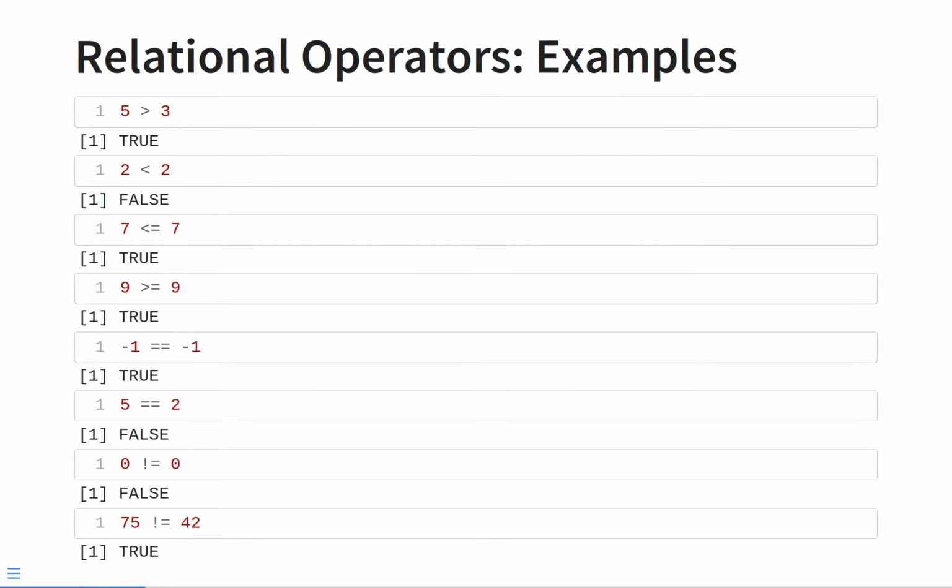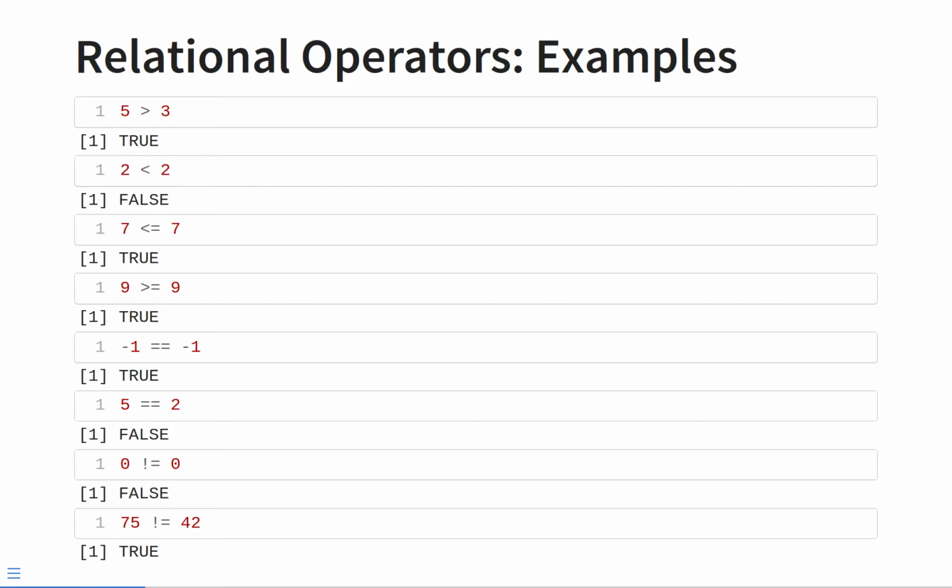Here's a few examples. 5 greater than 3 returns true because that's a true statement. 2 less than 2 returns false because that's a false statement. But 7 less than or equal to 7 returns true, as does 9 greater than or equal to 9 because those are both true statements. Similarly, -1 double equals -1 returns true because those two things are equal.